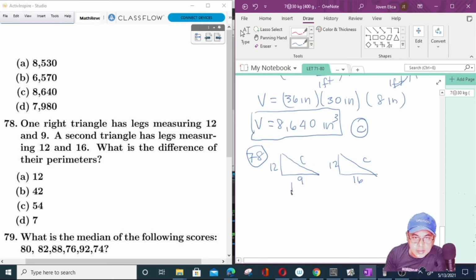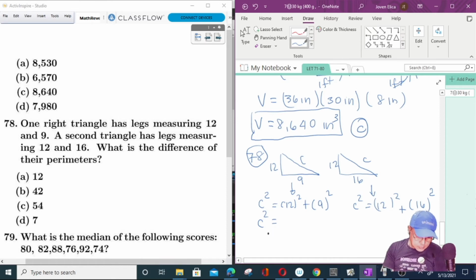So the first triangle, let us solve the third side, which is equal to 12 squared plus 9 squared, by the Pythagorean theorem. And the second also is 12 squared plus 16 squared using the Pythagorean theorem. So C squared is equal to 12 squared is 144, 9 squared is 81.